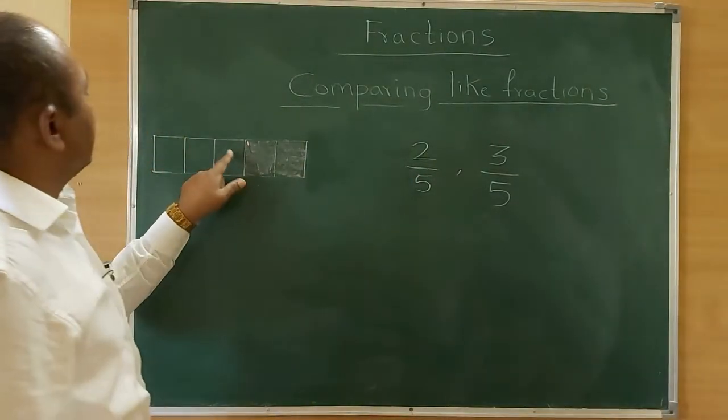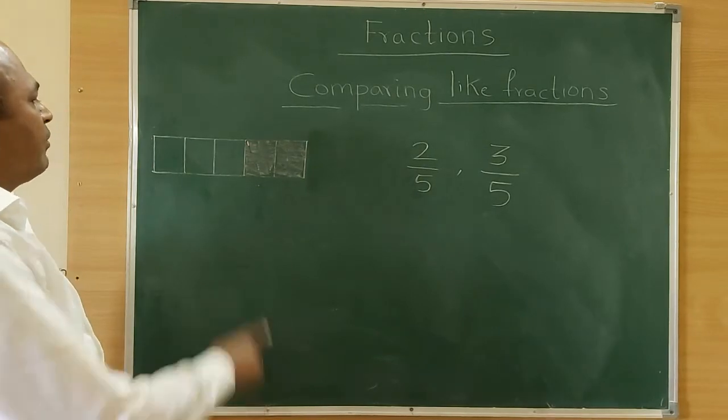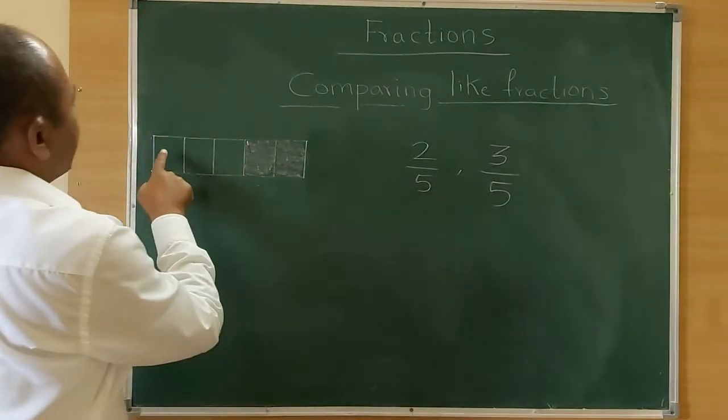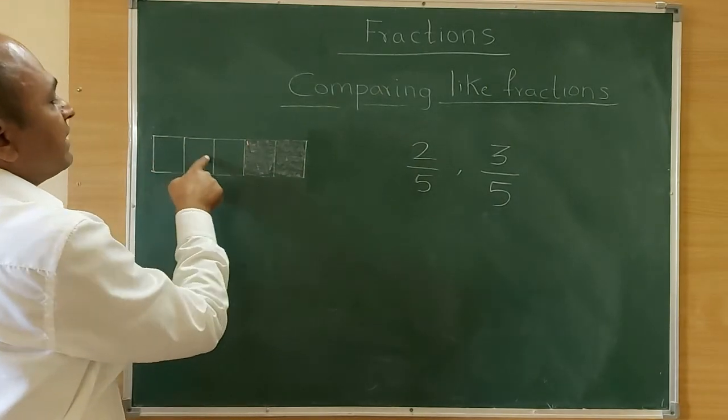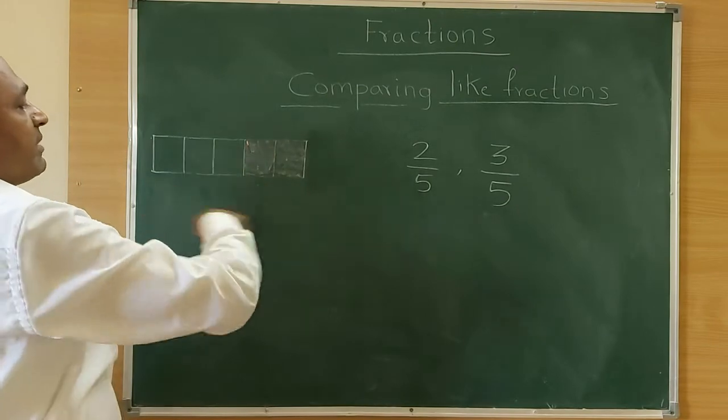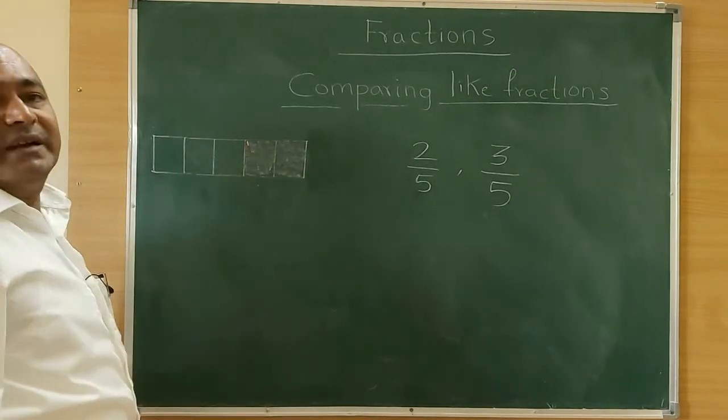And the unshaded parts, how many are there? One object is divided into 5 equal parts and 3 parts are unshaded, meaning 3 upon 5 of this strip is unshaded.